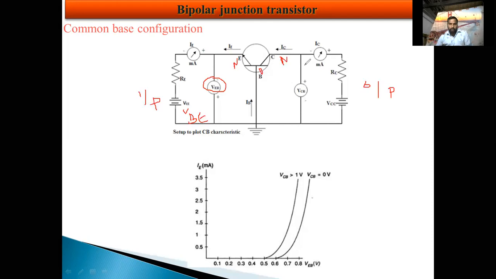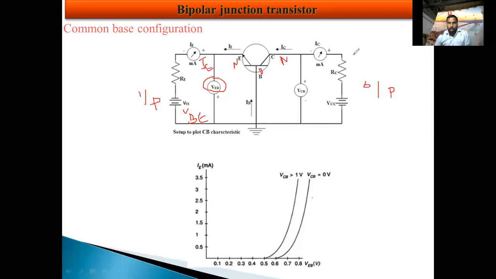Now, to measure the output voltage in the reverse bias, we take a voltmeter parallel to the output, and that voltage is VCB. Here, IE is the input current, the emitter current.